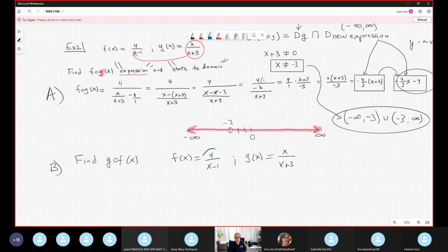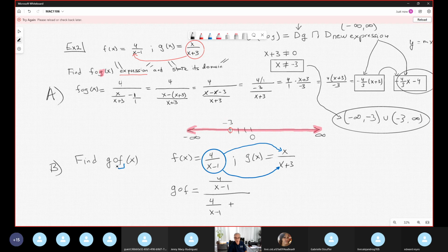We have the function f, which is the innermost, and the function f plugging in, replacing x in g, for this and this. Basically, g composition f is 4 over x minus 1 divided by 4 over x minus 1 plus 3. Do you follow me? Do you understand what you're doing? Yes. Yes.